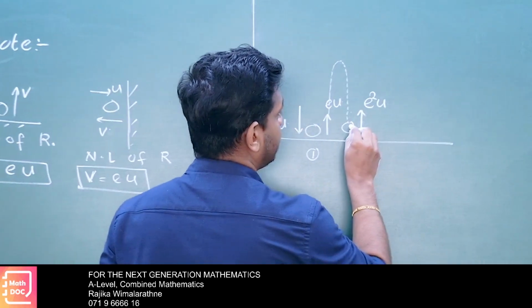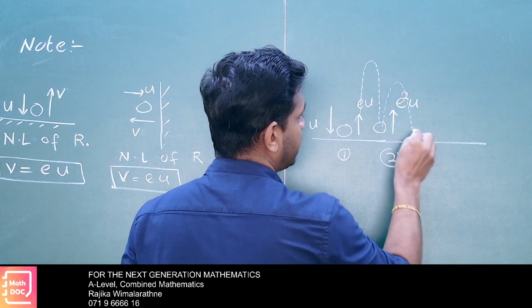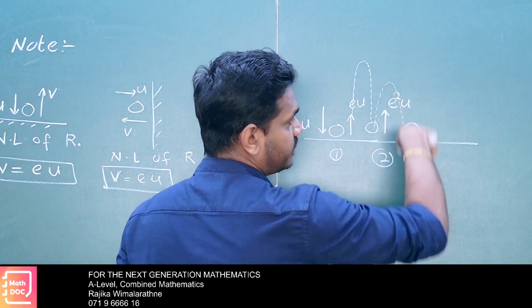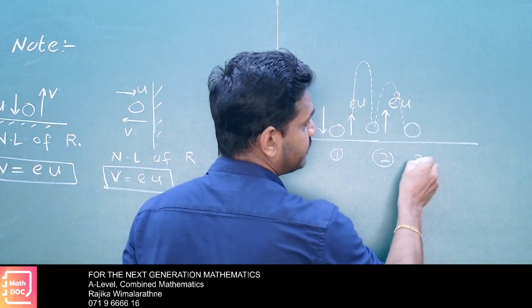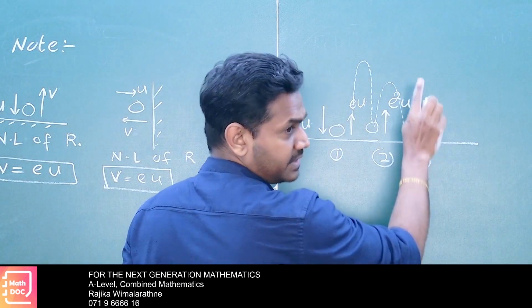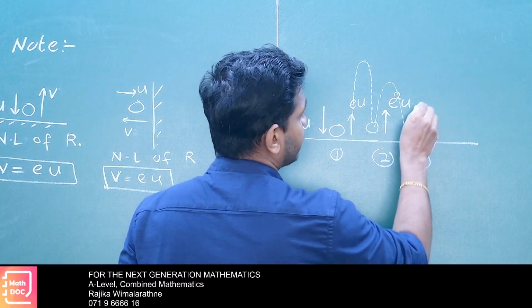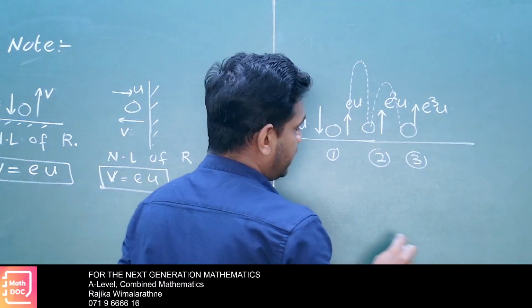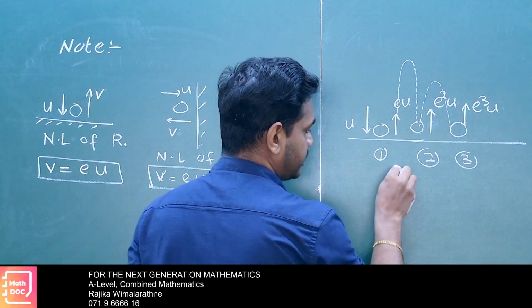It goes up and comes to the floor again with velocity e squared u downward. Then the third collision occurs, and we multiply again by e, so the velocity is now e cubed u. And so on, it moves like this.